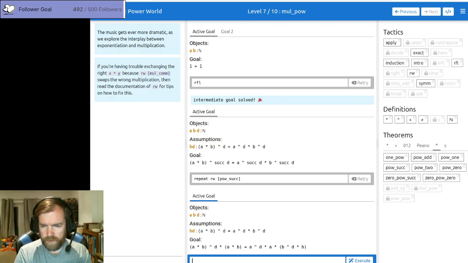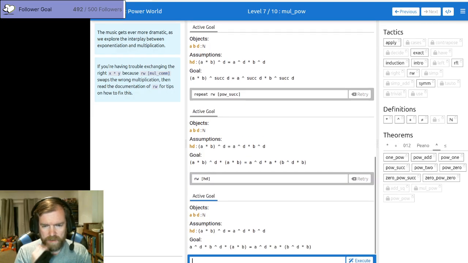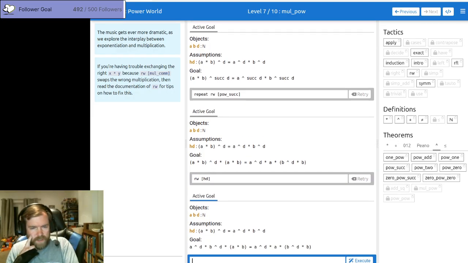And then we're going to break apart, rewrite HD, a to the d times b to the d times parentheses a times b is going to be equal to a to the d times a times b parentheses b to the d times b.